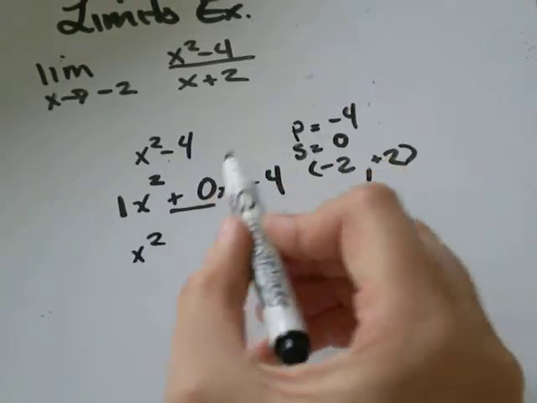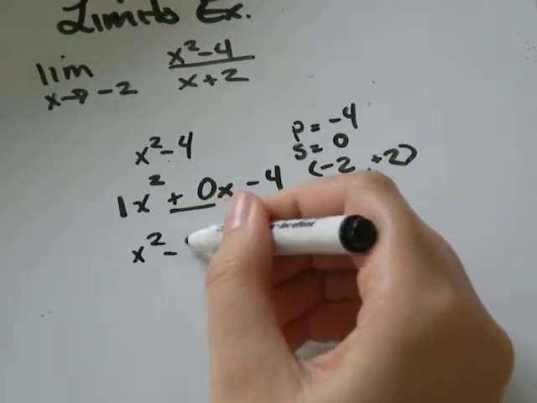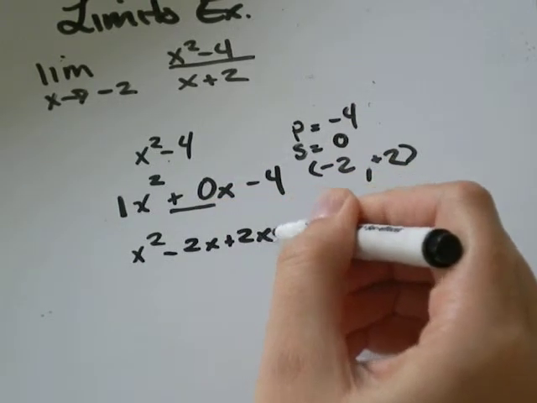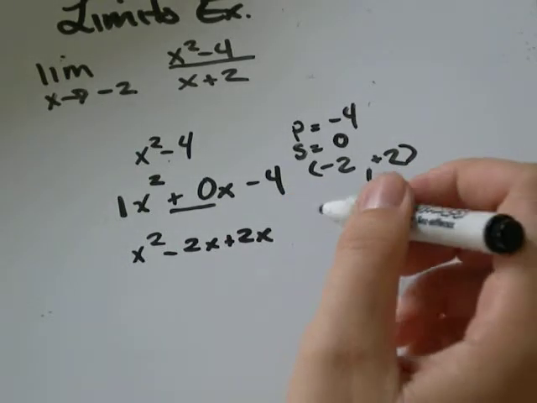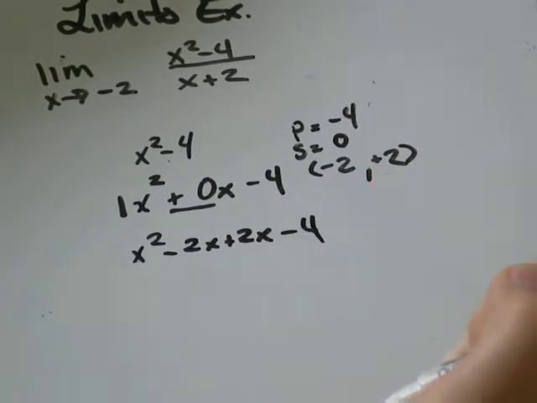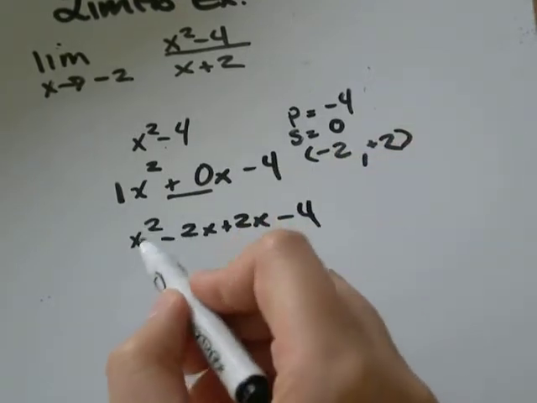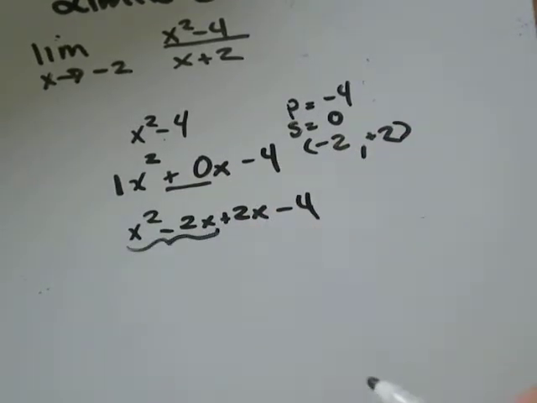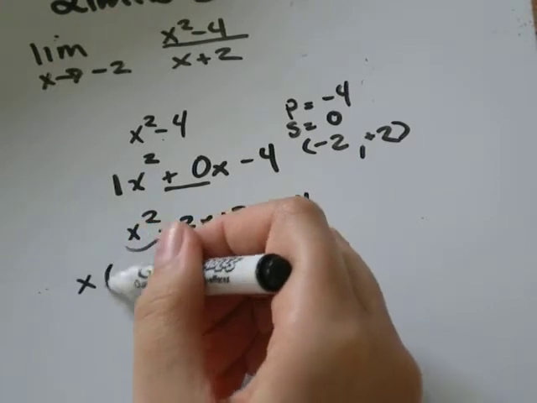We have x squared, and instead of 0x, we'll write down -2x plus 2x, because -2 plus 2 is 0 anyway, minus 4. Then I'll look at the first two terms, x squared minus 2x. What do they have in common? They both have 1x in them, so I'll factor that out.